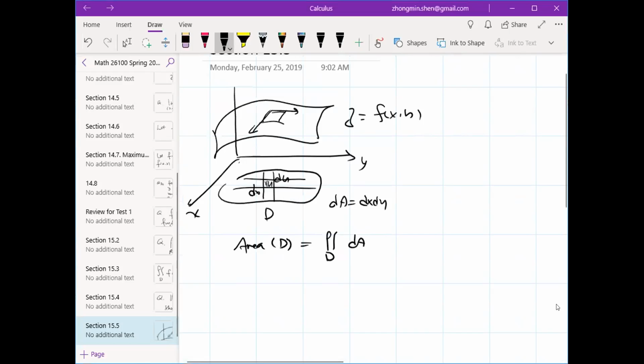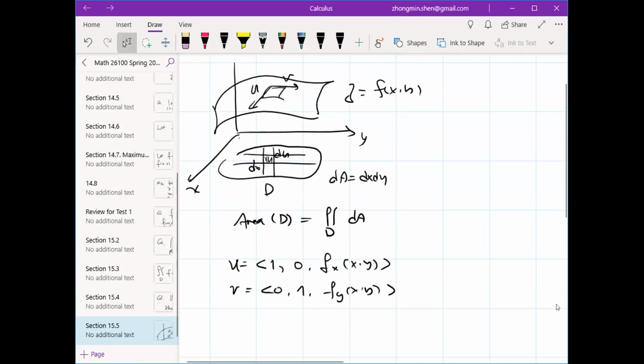Those two vectors we call u and v. u is going to be (1, 0, fx) at that particular point, and v is going to be (0, 1, fy). And this way we calculate the cross product. The cross product gives the normal vector.